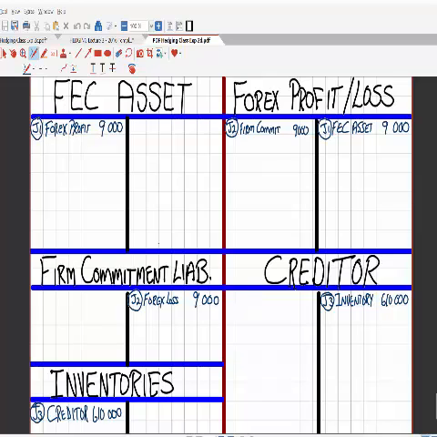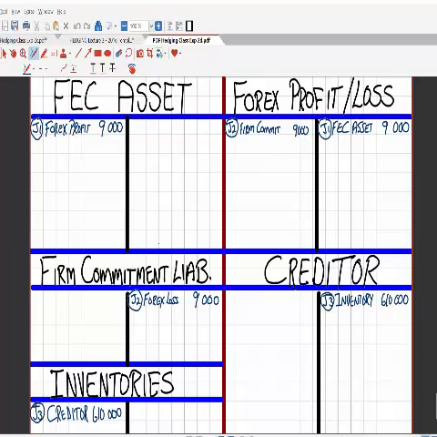So now we've got a bird's eye view of the journal entries that we've done on transaction date. But there's now one other entry which is very important, because on transaction date your firm commitment has now stopped and the transaction has been done. So you had your transaction, your inventories are in your books, you've created the creditor.